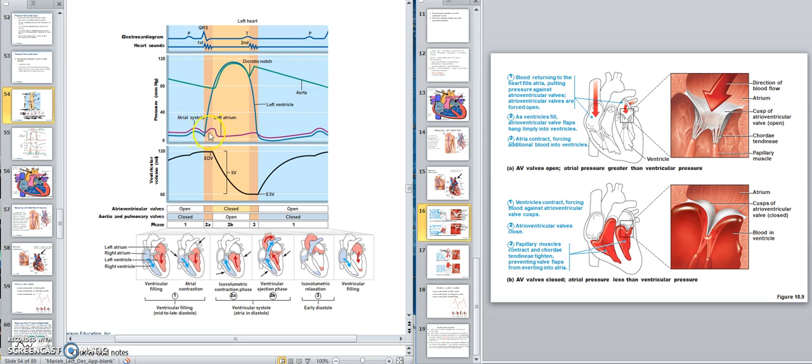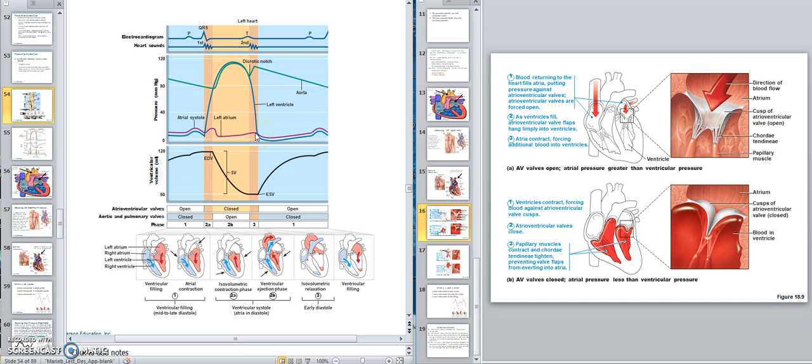So that's the A wave, the C, and here's the V, which is basically atrial filling. Right here, you're doing atrial filling. And then you're back again starting. So atrial systole, ventricular systole due to a flash of blood, and atrial filling.